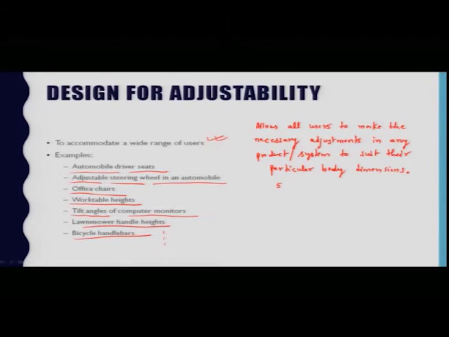So, that is the case, and here are the examples for design for adjustability, and you can also use your mind to find out which products have adjustability or flexibility in one of their parts. You can easily find these products in your surroundings.